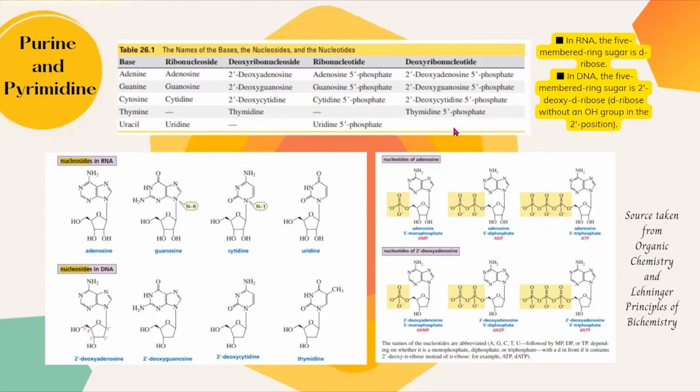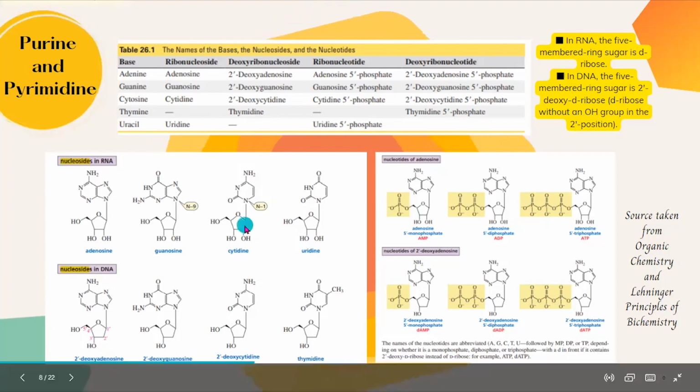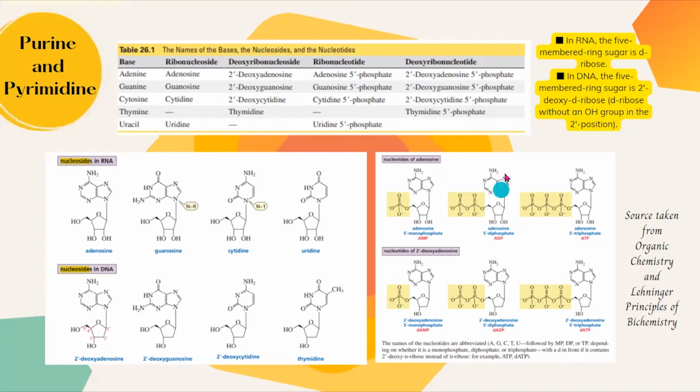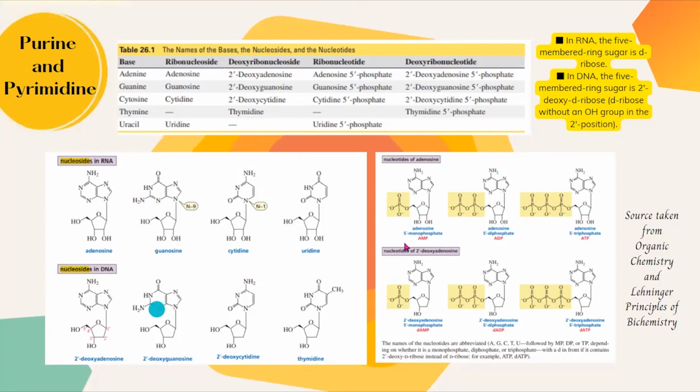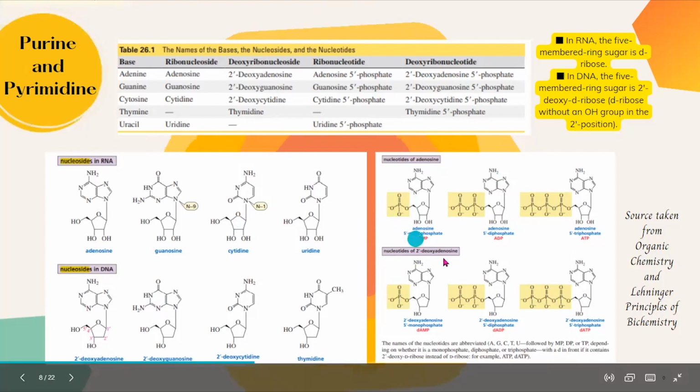As you can see here, the ring positions of the sugar component of the nucleosides are indicated by prime numbers, for example 5' and 2'.